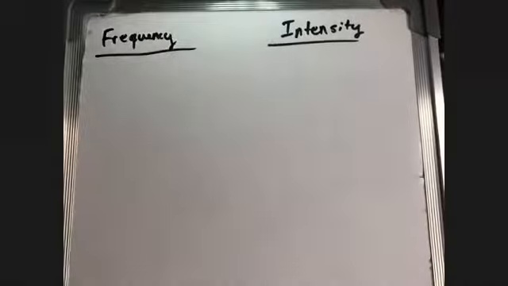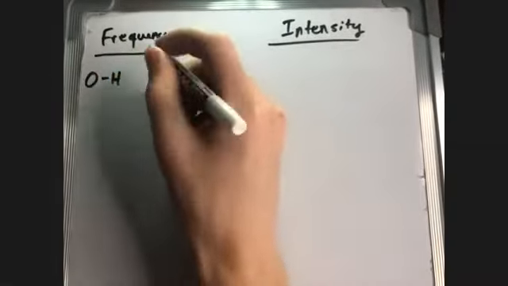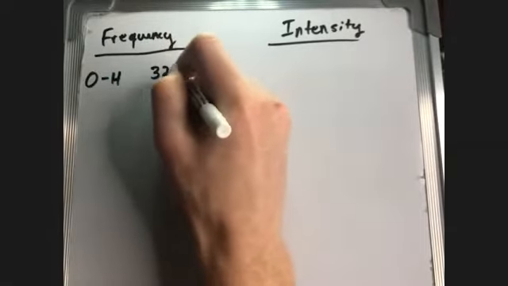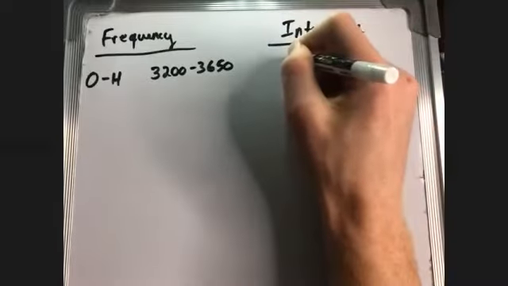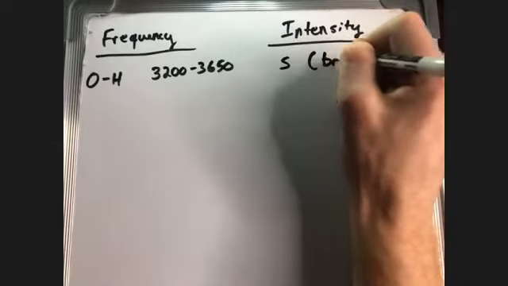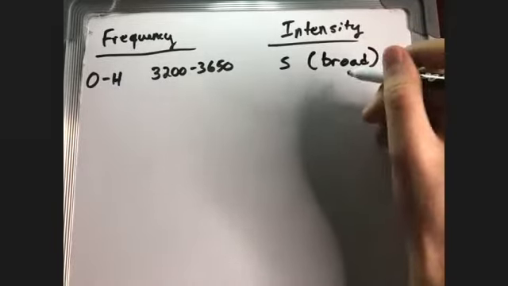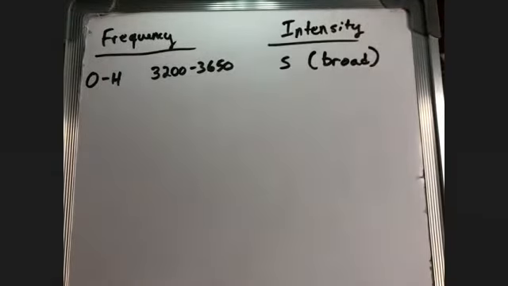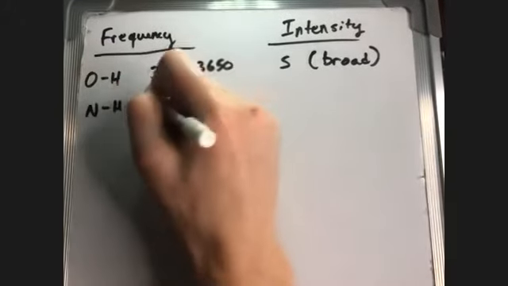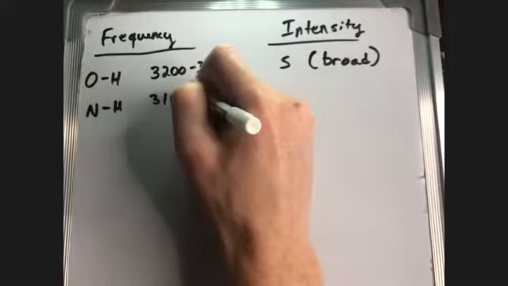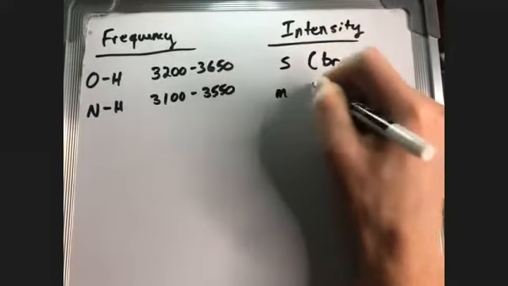The first one to talk about is the OH functional group. This frequency appears between 3,200 and 3,650, and this is pretty strong, but it's broad. What that means is the peak won't be a narrow peak, it's going to be very wide. Nitrogen hydrogen occurs essentially in the same region, 3,100 to 3,550, and this is a medium intensity, but it's sharp.